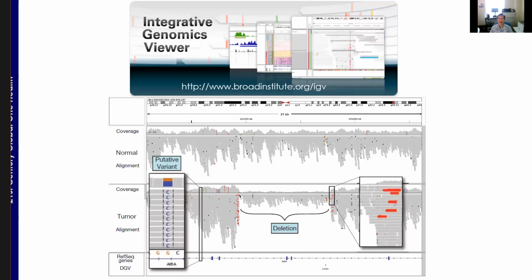You can also have a highly interactive genome view to visualize these BAM file alignments. In this case, you'll see a normal and a tumor sample side by side, and the coverage of the mapping significantly decreased in the tumor sample, which indicates a deletion of a fragment in the genome.